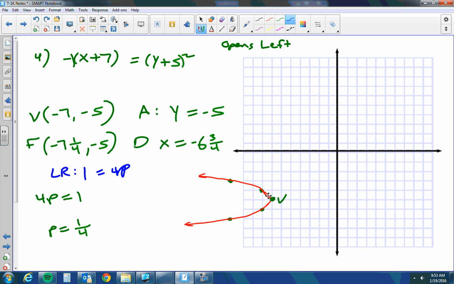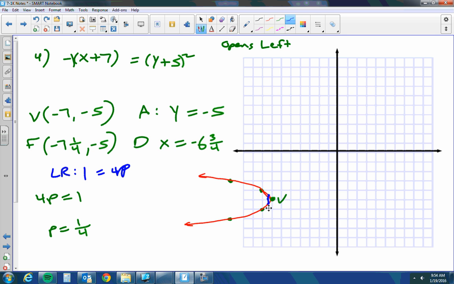It would be like half unit above to half unit below. The focus would be right here, 1/4 unit to the left of the vertex. And you go half unit above, half unit below. Those would be the points. It's not a very good way to draw a parabola. You get to go in the right direction. That's all you get from that.